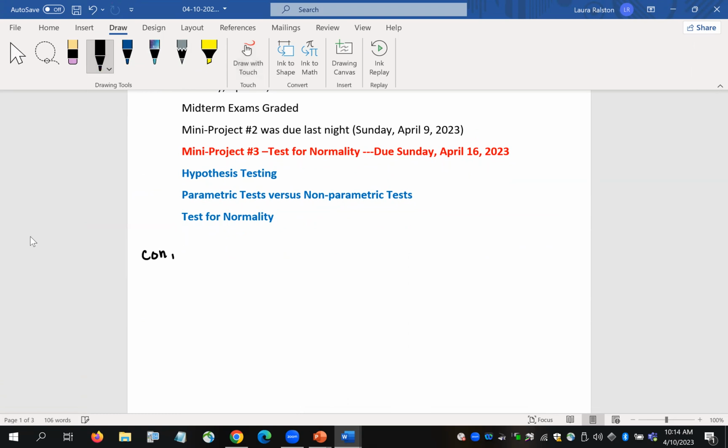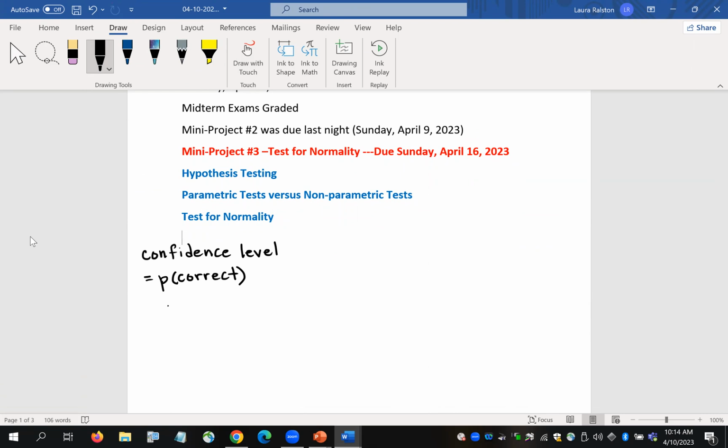And you were asked to find the confidence interval. Remember, the confidence level was the probability that you were correct, that your population parameter fell within that particular interval. So the confidence level is the probability that you were correct.